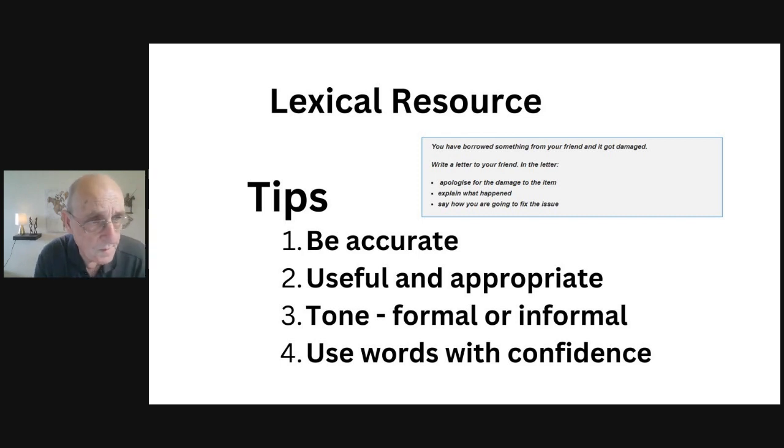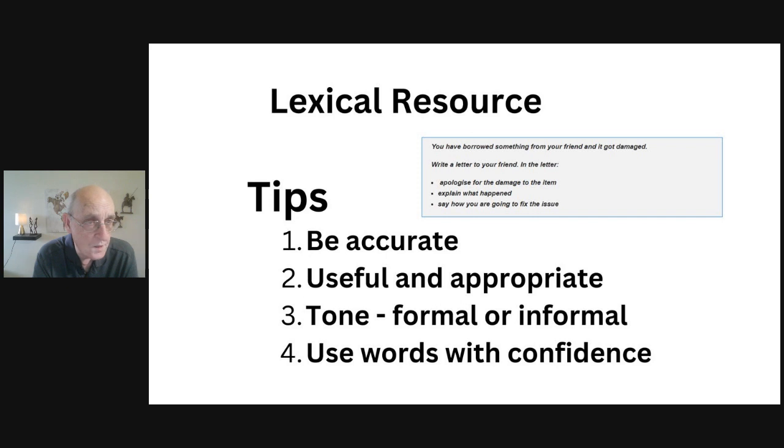And then, the most important thing when it comes to lexical resource or vocabulary is to be accurate. You don't want to make a lot of mistakes. If you make a few little mistakes, that's not going to jeopardize your Band 7 score, but you have to be as accurate as possible. Then the vocabulary that you do use has to be useful and appropriate to the topic of your letter.